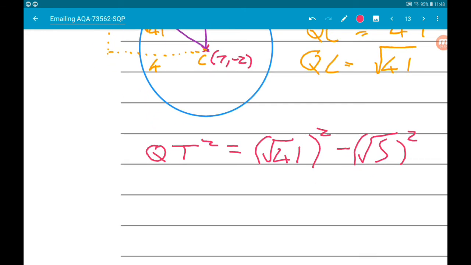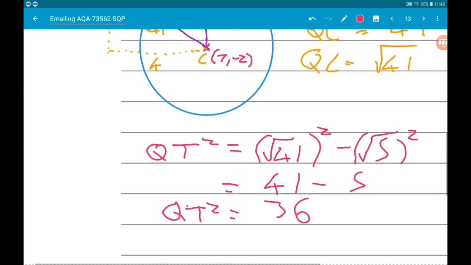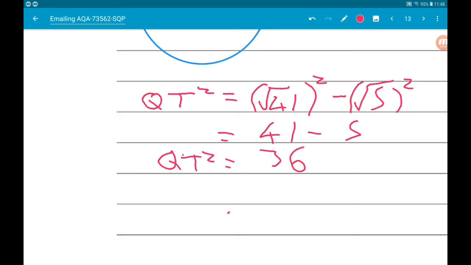Now that is 41 minus 5. So QT squared is equal to 36. So, nicely, QT is equal to 6. Cool.